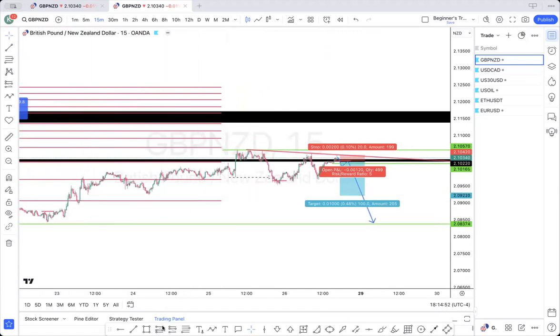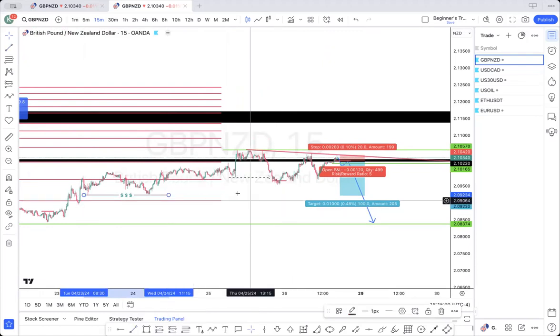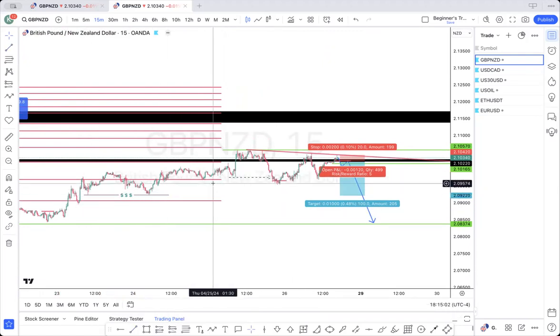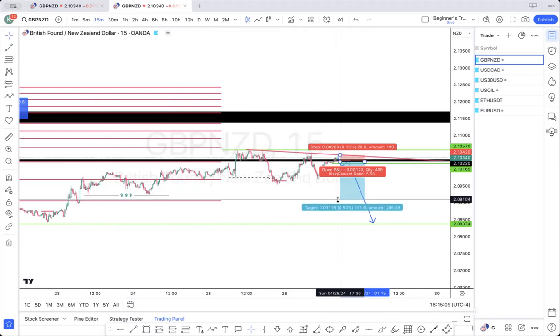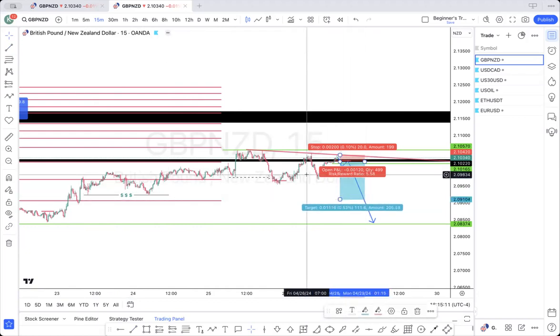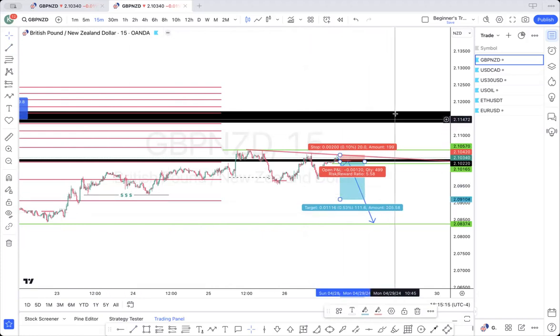I'm looking at equal lows here. So price just may come here to here. Maybe you get 111 pips. Price may come here and then start pushing back up again to the zone.